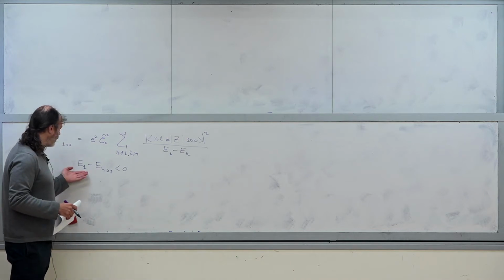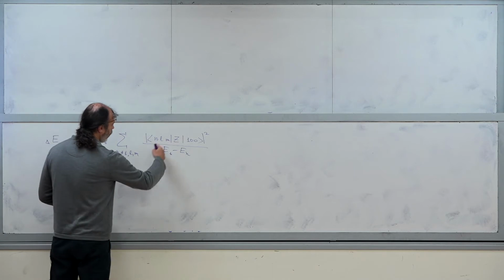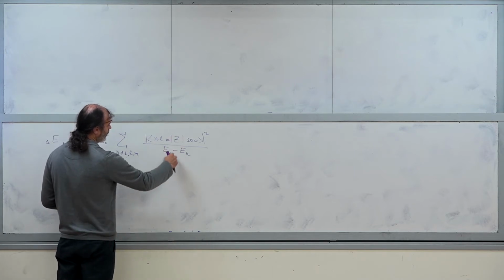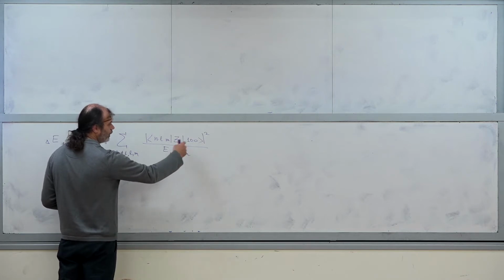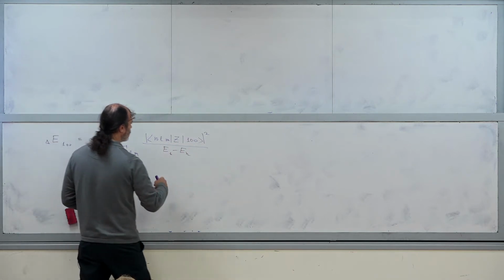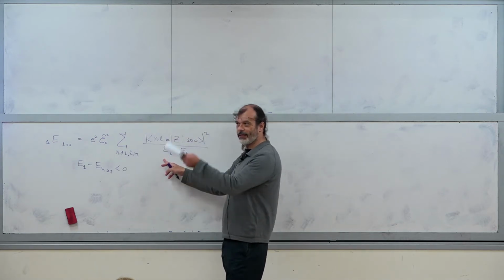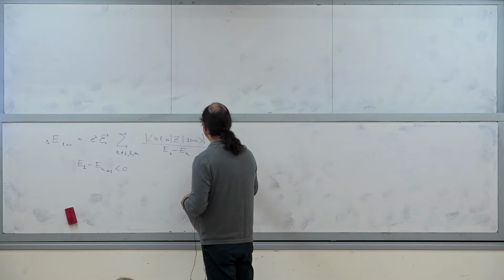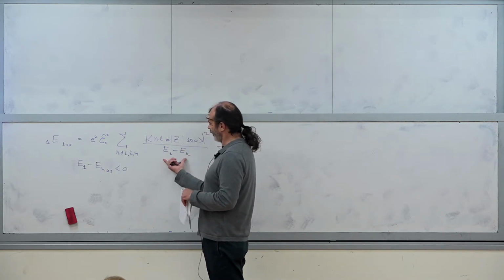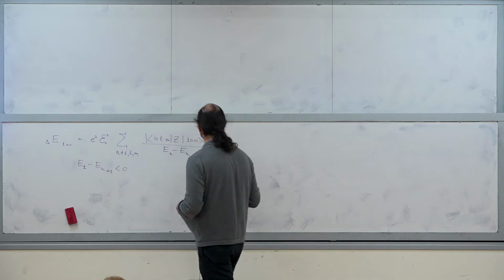So what we can do is replace all these n numbers. Instead of dividing by E1 minus E2, E1 minus E3 and so on and so forth, we will replace that by the difference between the ground state and the first excited state. And therefore, we could take this difference and move it outside of the sum.